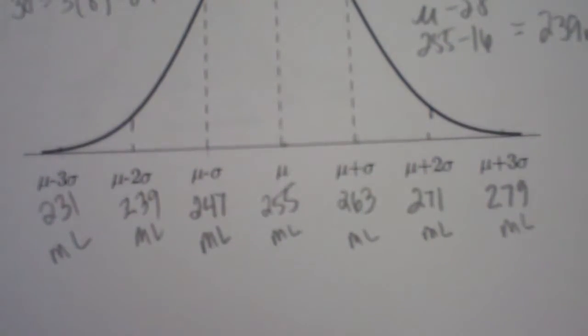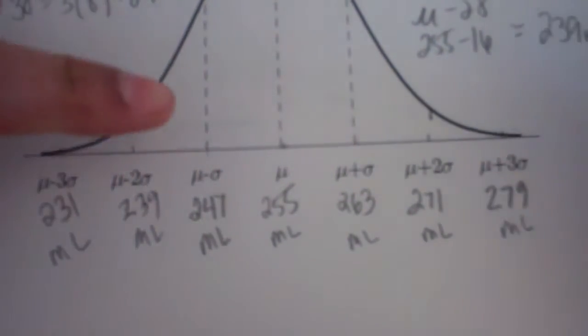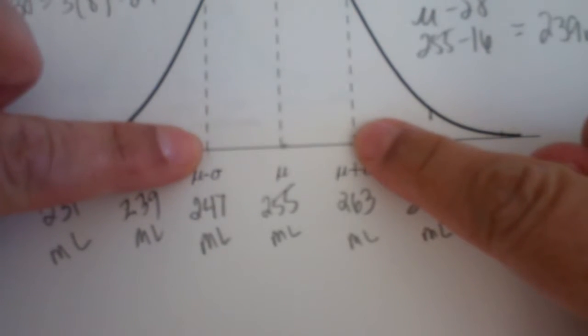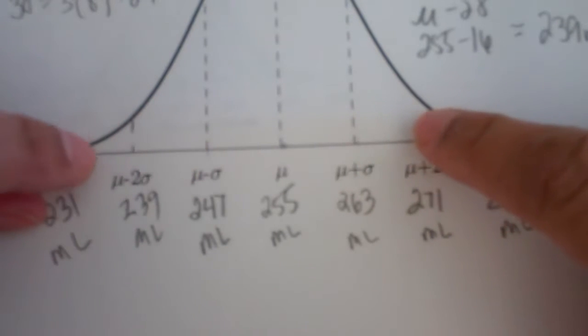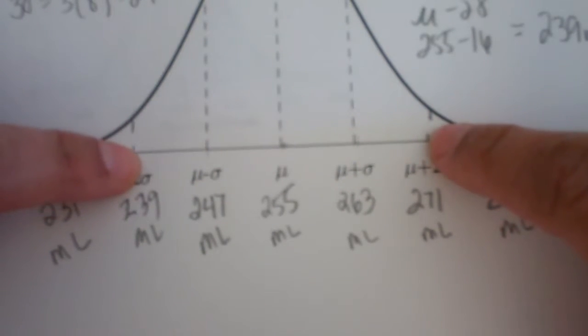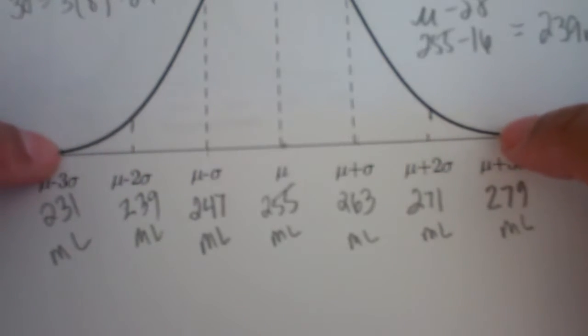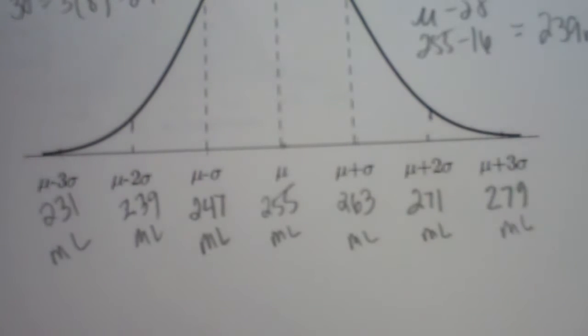So now you can see from our mean, increasing and decreasing by 1 standard deviation gets us between 247 and 263. Increasing and decreasing by 2 standard deviations, 239 to 271. Increasing and decreasing by 3, 231 to 279. There is a way to check, and it's by doing this. Let's start at our 231.